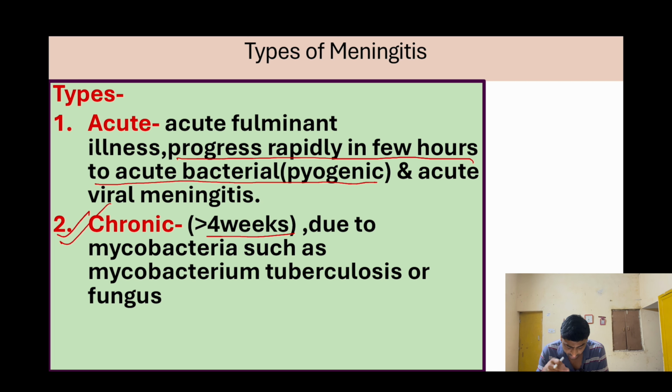The main cause of chronic meningitis is mycobacteria, such as Mycobacterium tuberculosis, which causes tuberculosis, and fungus. So chronic meningitis is an illness which persists for more than 4 weeks, with mycobacteria the most common and important cause, such as Mycobacterium tuberculosis, and fungus.